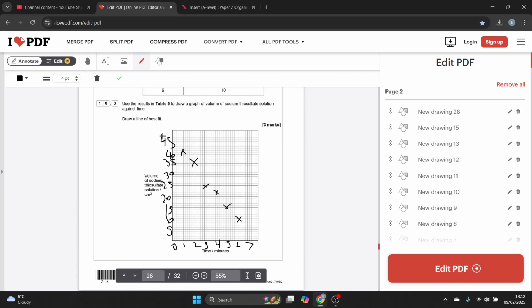And then you just draw a straight line, a line of best fit. Here. Guess you could go, yeah, here. Just to draw a line of best fit, really.